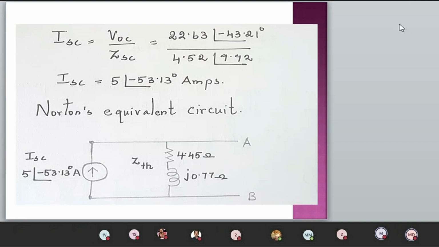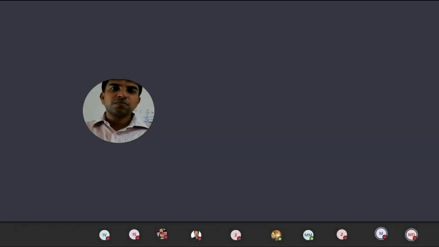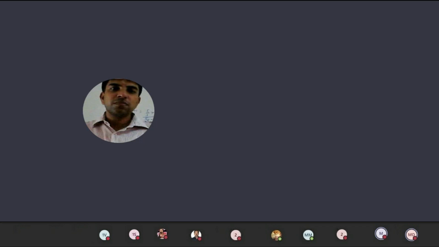From that, you can find the short circuit current because both are dual. Okay. So the final solution is short circuit current in parallel with Thevenin's equivalent impedance. Right? Okay. Now let us proceed with some further problems.